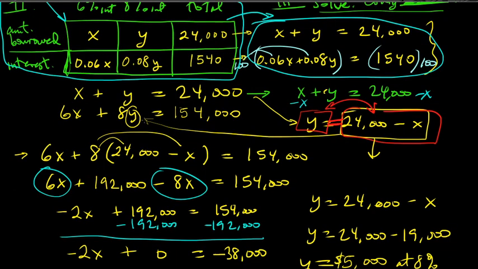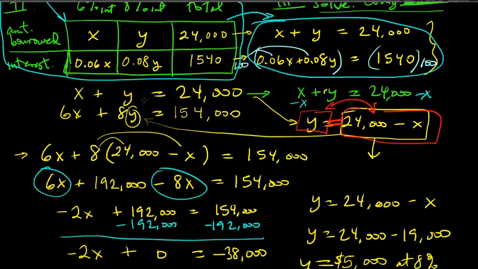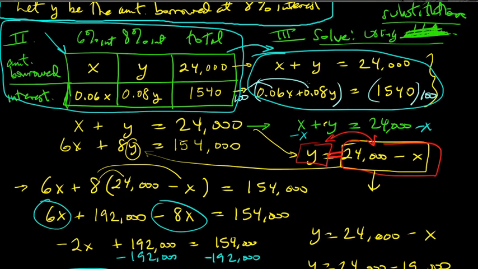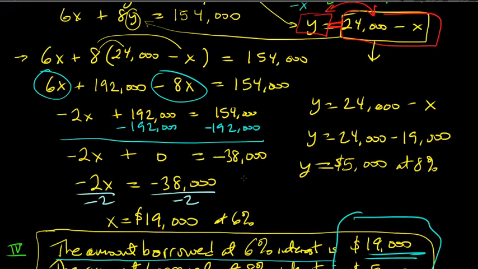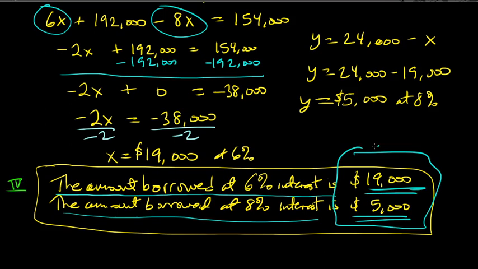So here I use substitution, but it would have been just as easy, if not easier, to use the addition method. But you can see we would get the same answer either way. So you solve for x, you solve for y, and then those numbers become your answers that you fill in the blank here.